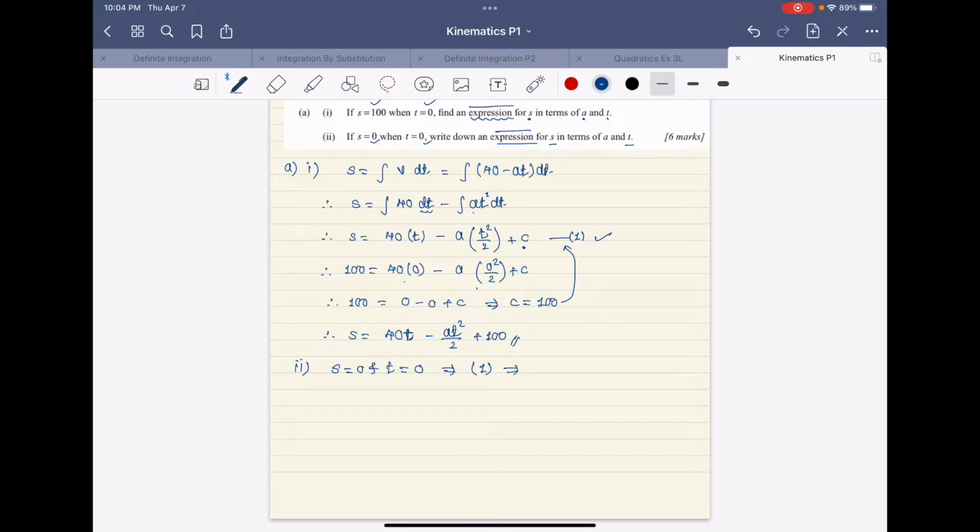So s is equal to 40 times t minus a t square over 2 plus c. Now it becomes 0 is equal to 0 minus 0 plus c. So c also becomes 0. So the final equation is s is equal to 40 times t minus a t square over 2.